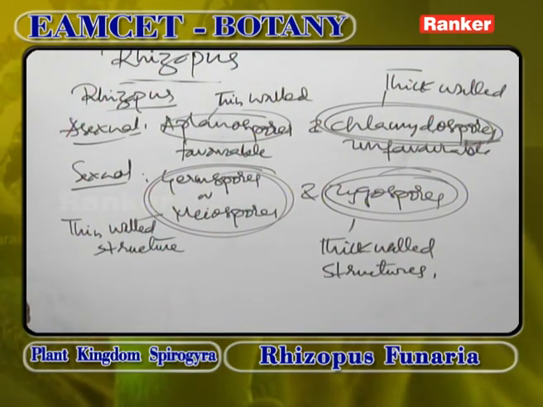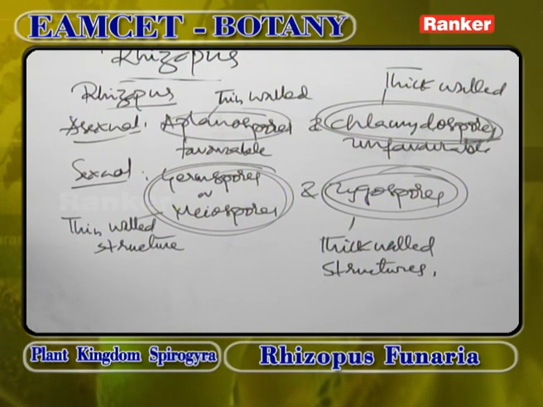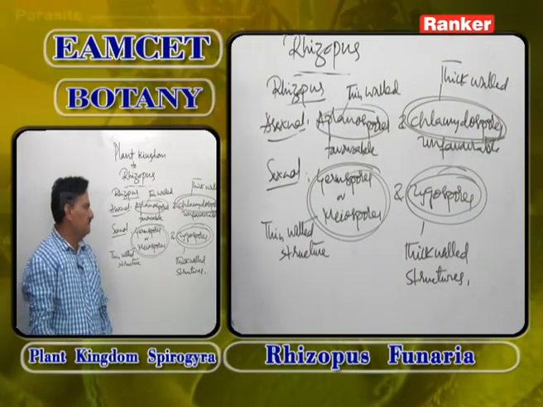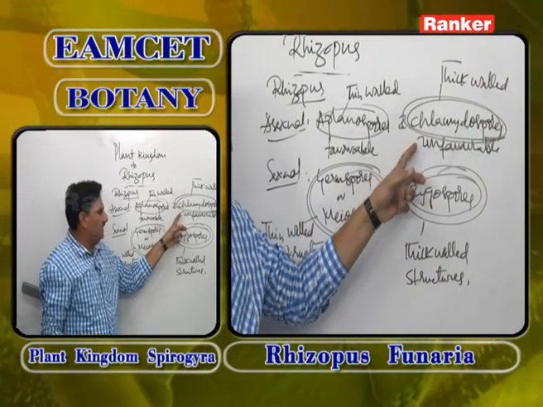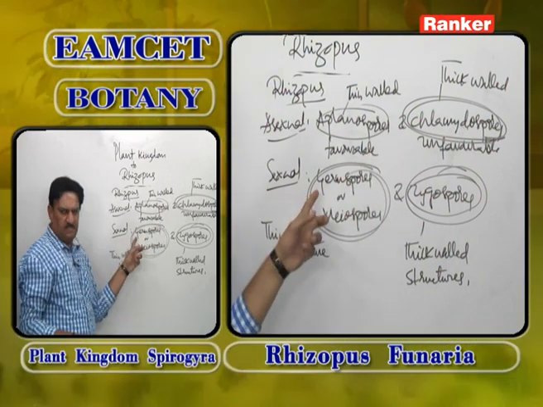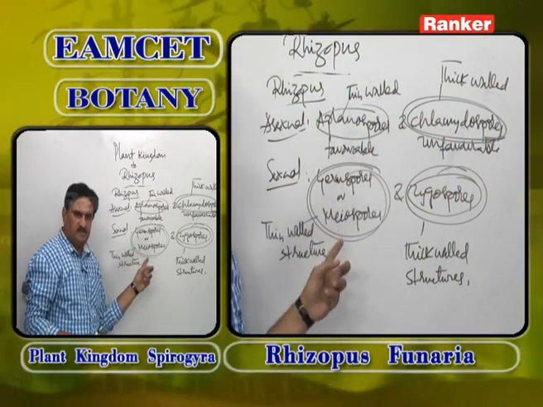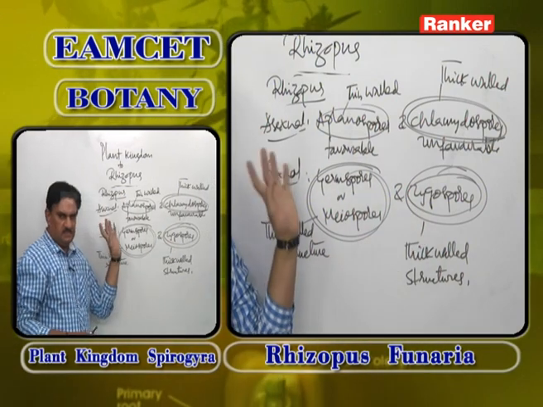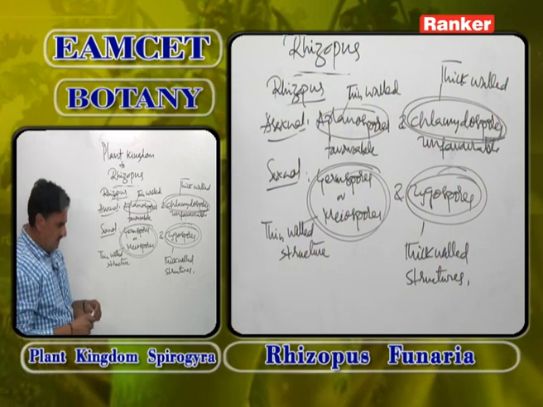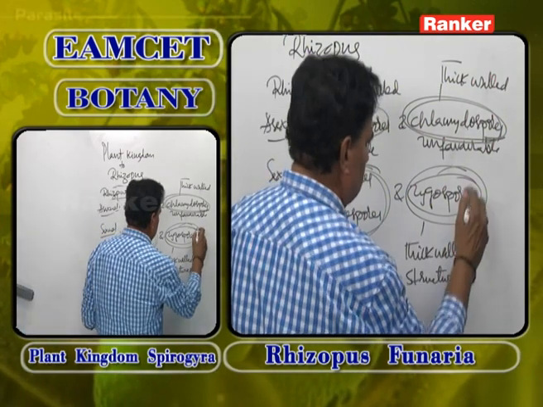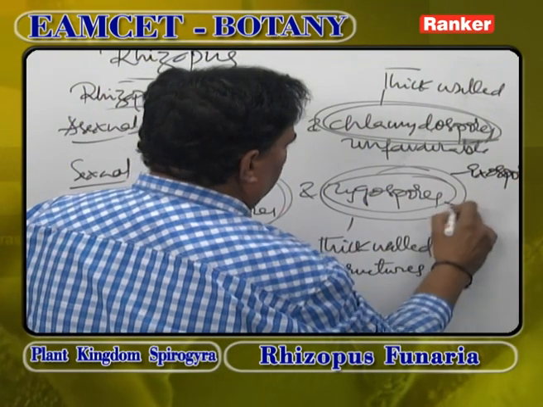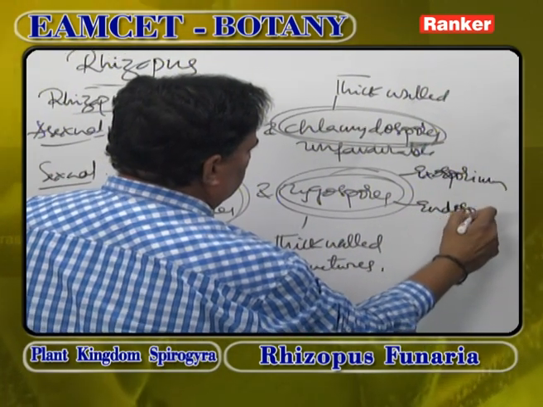So, asexual reproduction results in the formation of thin walled structures like aplanospores or sporangiospores, and thick walled structures like chlamydospores. Sexual reproduction results in the formation of thin walled structures called germ spores or meiospores, and thick walled structures called zygospores, which are surrounded by a two layer wall. The outer layer is called exosporium, and the inner layer is called endosporium.